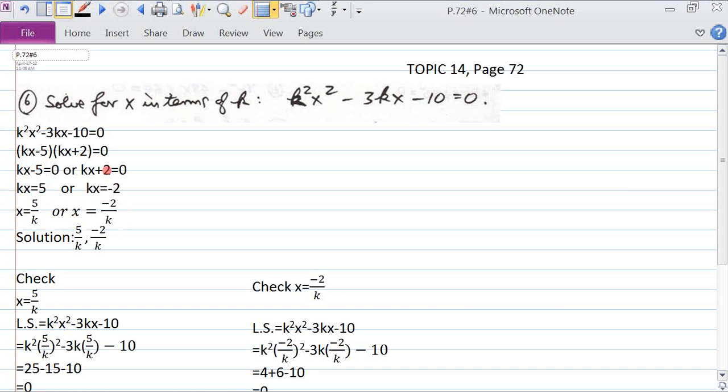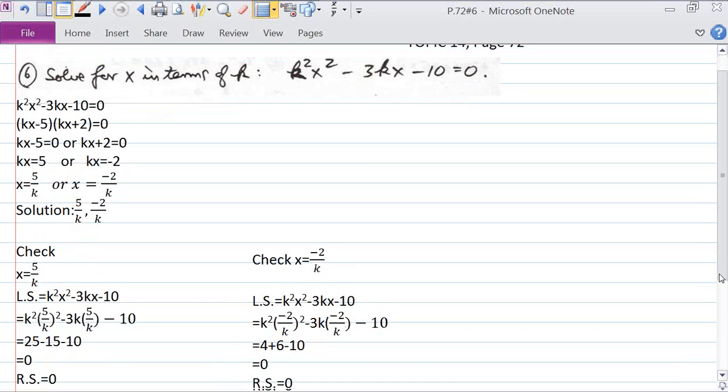If we transpose the plus 2 from the left to the right, we get minus 2. And if we divide this by k to get x, we have to divide this by k to get also. So x is 5 over k. I divide this side by k, I get x. Divide this side by k, I get that. So the solution is 5 over k, or minus 2 over k.